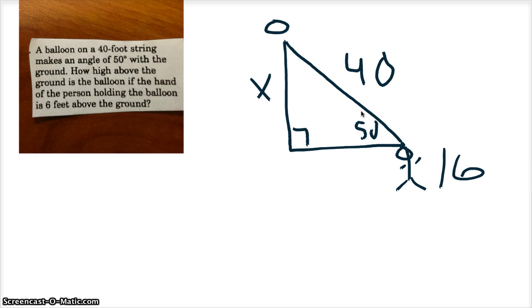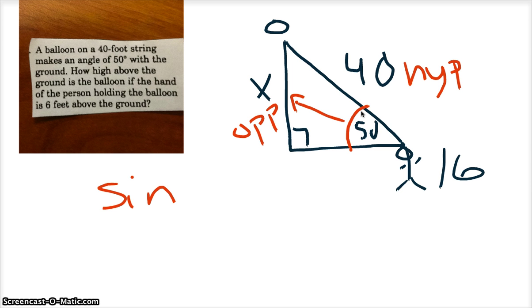So you're going to use trig. 50 is your given angle. If you go across, this will be your opposite. This will be your hypotenuse. So what would you use? Sine. So sine 50 equals opposite over hypotenuse.